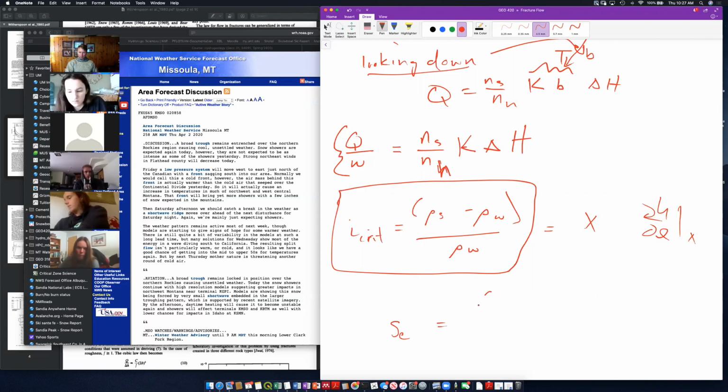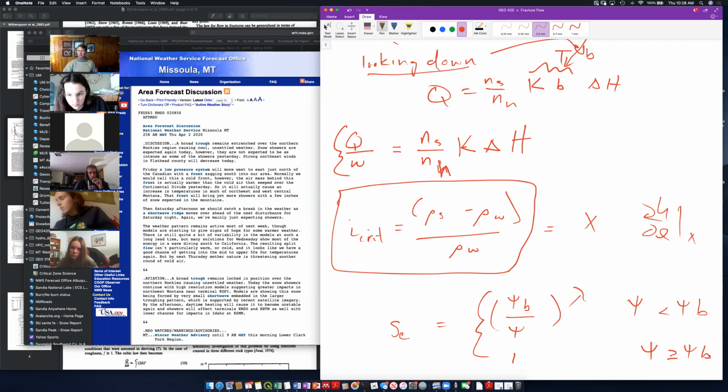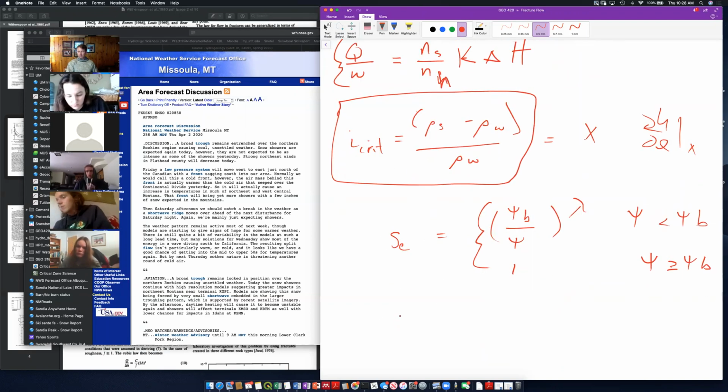SE is equal to (psi B over psi) to the lambda, or 1, depending on whether psi is less than psi B or psi is greater than or equal to psi B. And then I know SE is equal to theta minus theta sub r over n minus theta sub r.